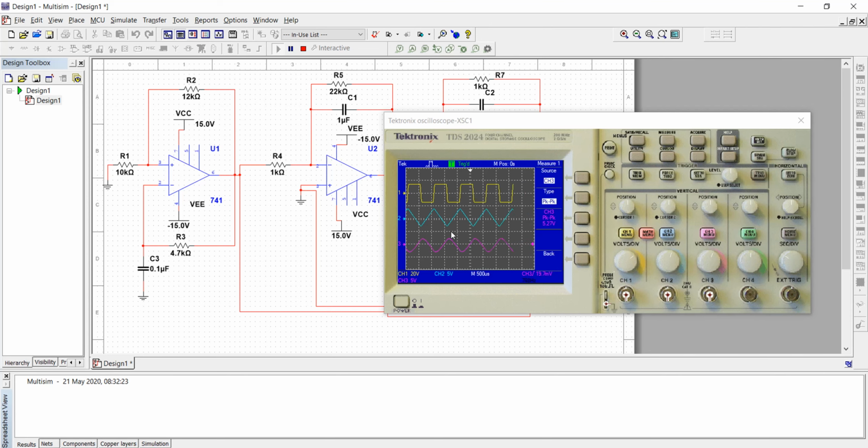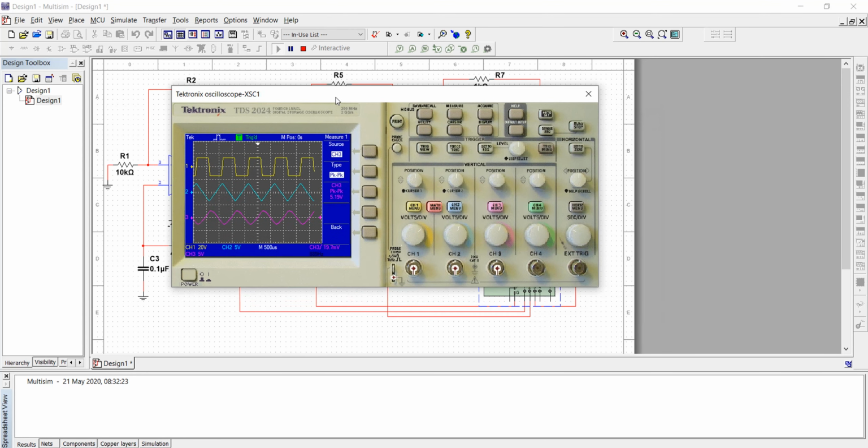As we can see at this particular part, the yellow waveform in this oscilloscope, that is channel 1, is a square wave. Going to the measure part of this, for channel 1 the peak to peak voltage is 28.1 volts, and the frequency is 986 hertz for the square wave.